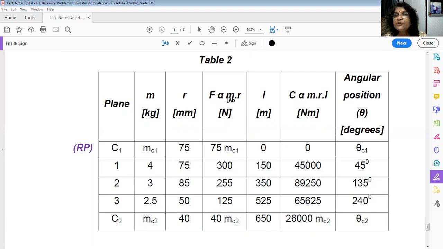So F is proportional to m into r. Okay. So this column is just product of these 2 values. So MC1 into 75. It will give this term, this value. Then 4 into 75, 300. 3 into 85, 255. 2.5 into 50, 125. Then MC2 into 40, that is 40 MC2.